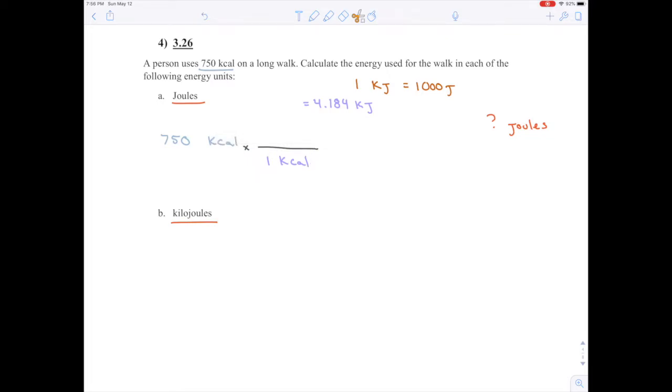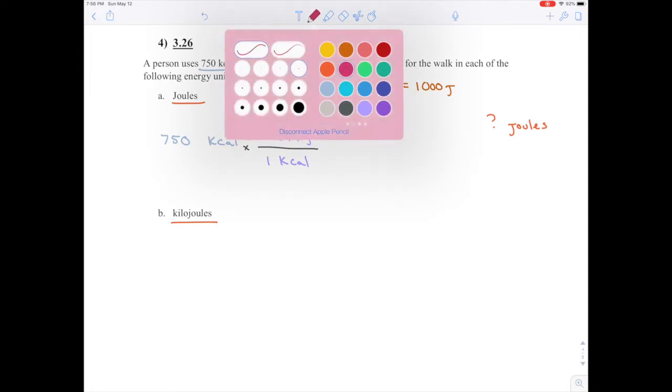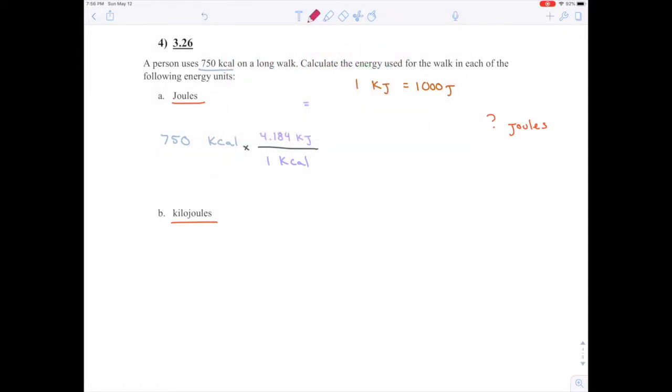And so we'll put 1 kilocalorie on the bottom. Going over the fraction bar is like going across the equal sign, so on top we'll have 4.184 kilojoules. And you can see that because the kilocalories that you start with and the kilocalories on the bottom of the fraction are on opposite sides of a fraction, they would cancel out, and you'd be left with kilojoules.